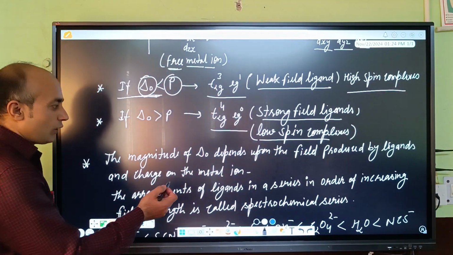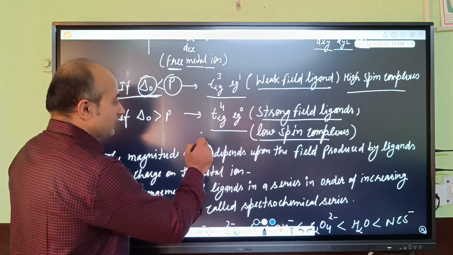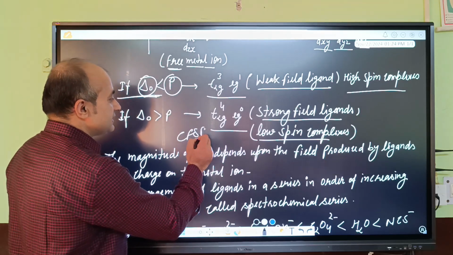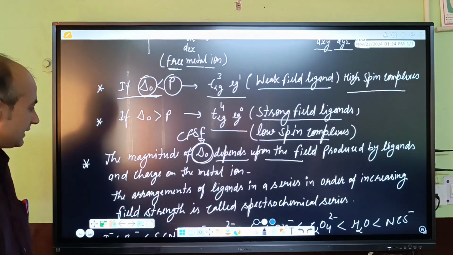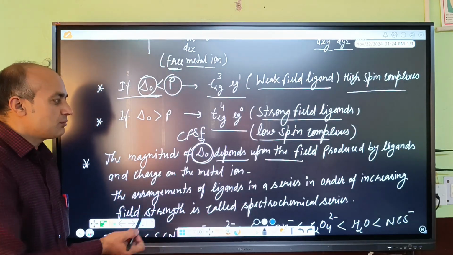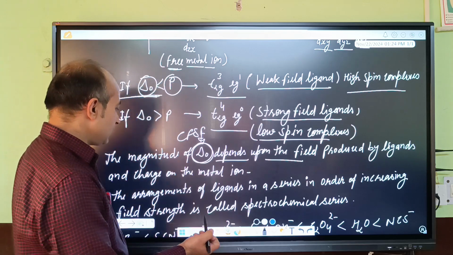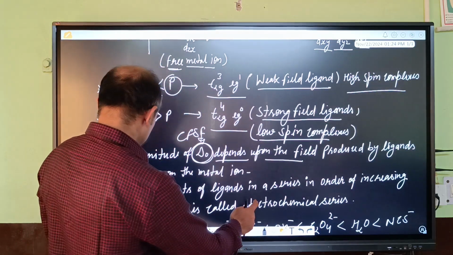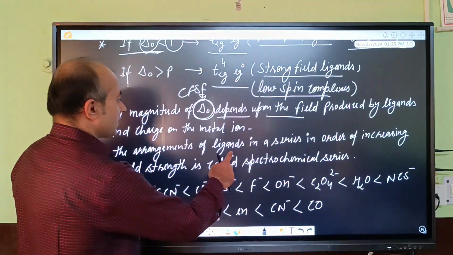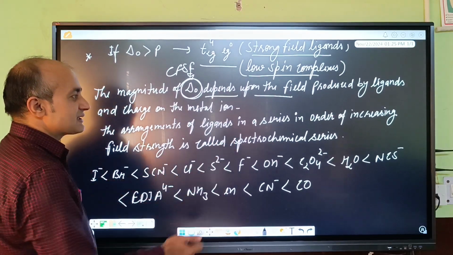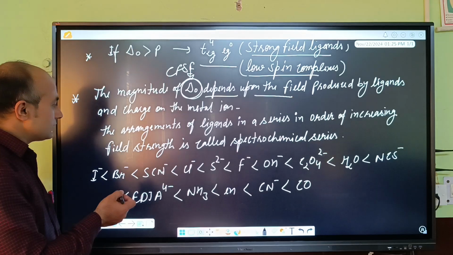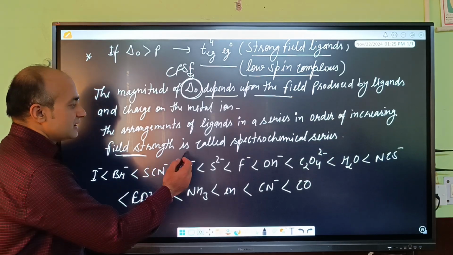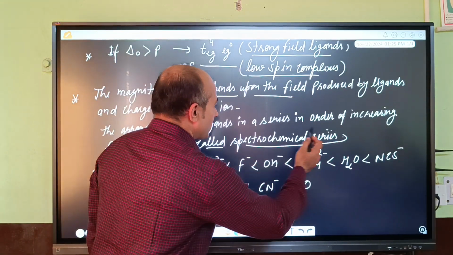The magnitude of delta O, meaning CFSE, depends upon the field produced by the ligands and the charge on the metal ion. The arrangement of the ligands in a series in order of increasing field strength is called the spectrochemical series.